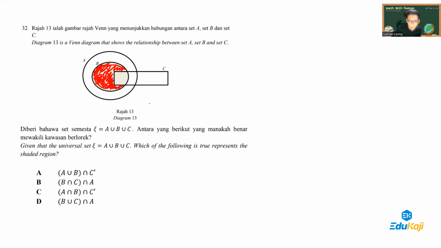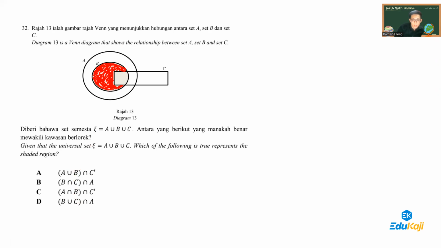Yeah, I'm not sure why this question was like that, but the shaded region should be here only because it doesn't make sense for it to be anything else. Any of the answers here wouldn't give us this whole area.